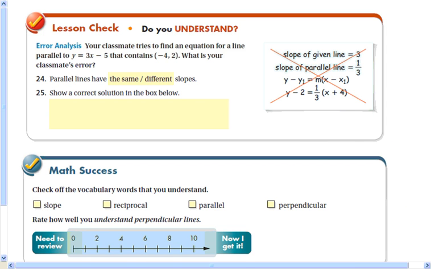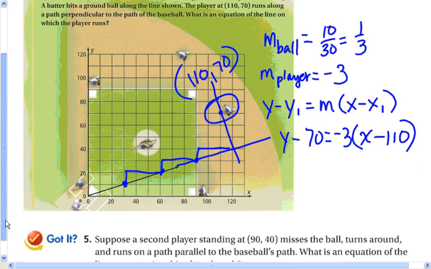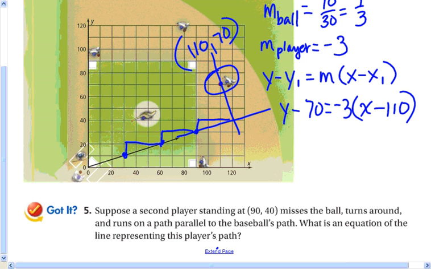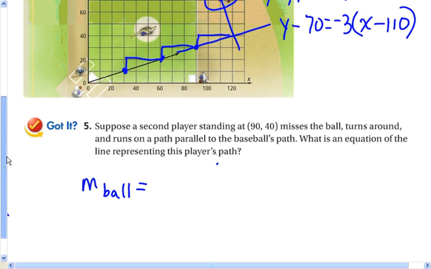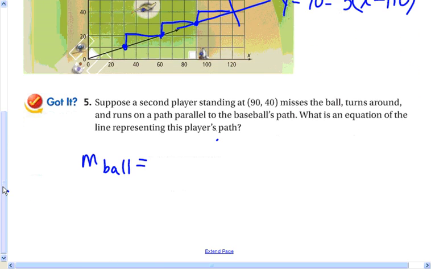All right. Suppose the second player standing at (90, 40) misses the ball, turns around and runs on a path parallel to the baseball's path. What does an equation of the line represent? The player's path. Well, the slope of the ball, remember, is about 1/3. So this player who misses the ball and turns around, if they're parallel to that, needs to have the same slope.